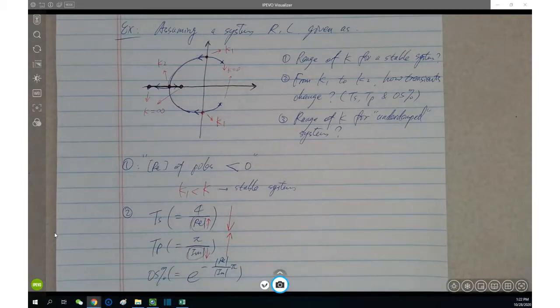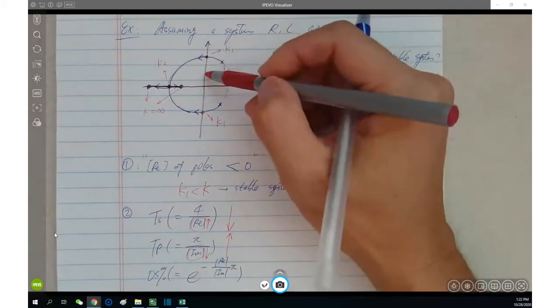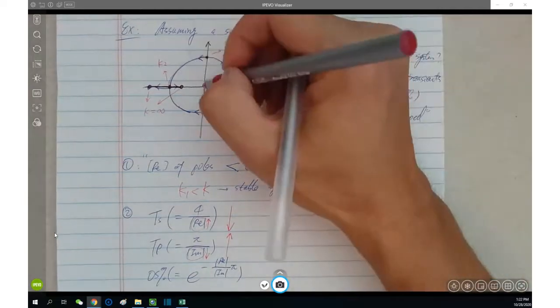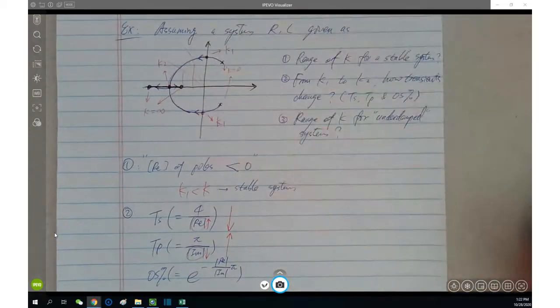Little by little. From K1 to K2, what happened is basically your ratio between the real part and the imaginary part is what? Can you tell?